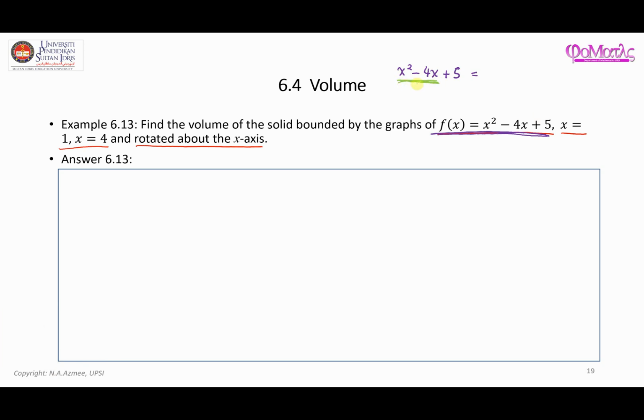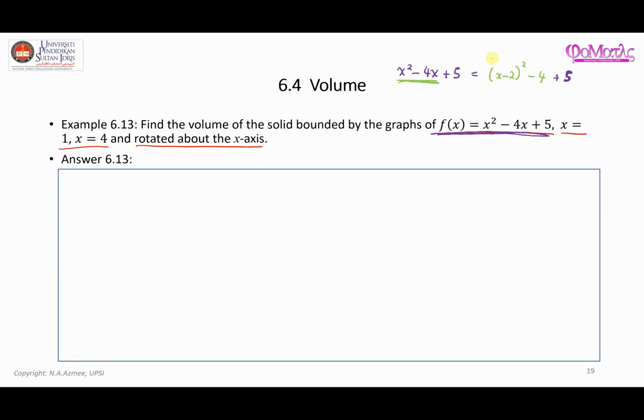If you apply the completing the square method, x squared minus 4x is going to be (x minus 2) squared minus 4. So that is the result of this. You can replace that with (x minus 2) squared minus 4, and I still have the remaining plus 5 at the end here.